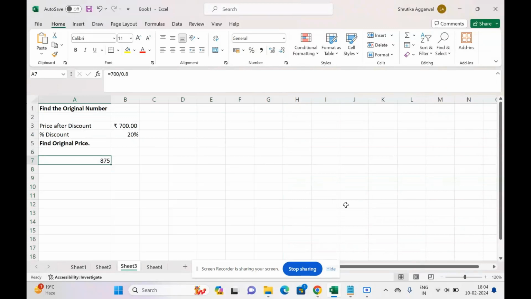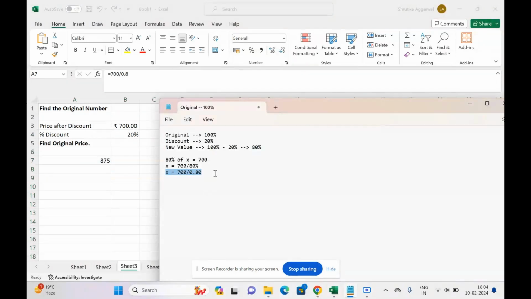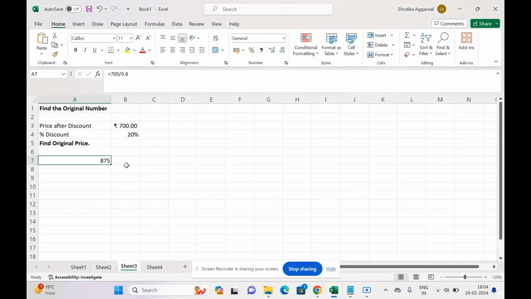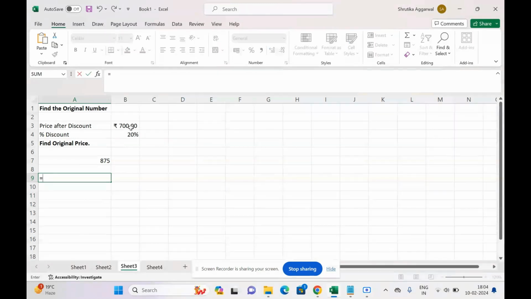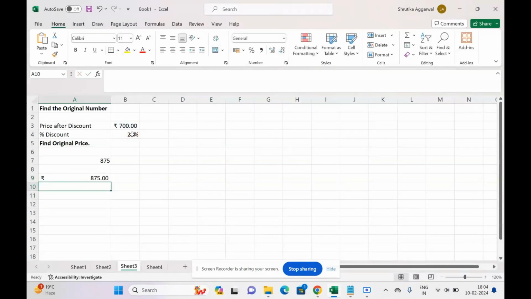Okay, so this is the explanation of how we are getting it. We can also use a formula which says my original price is equal to my discounted price divided by 1 minus my discount percent, which is again 875 rupees.